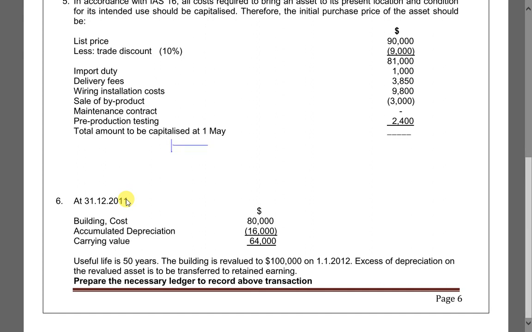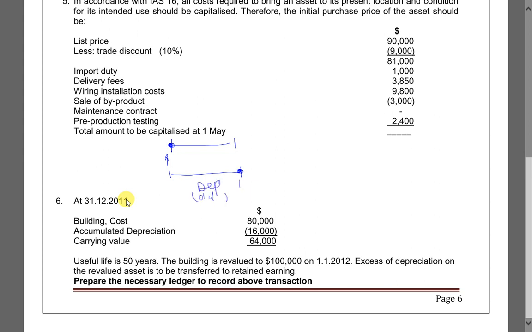If the revaluation is done here, revalue up, your depreciation should be based on this new figure. But if the revaluation is done at the end, then your depreciation continues as usual until then. You continue to depreciate using the old amount.